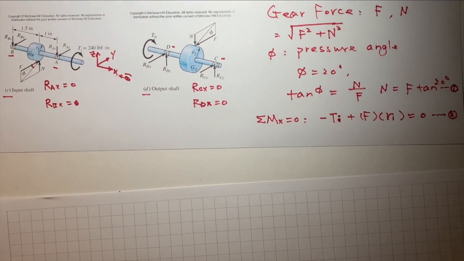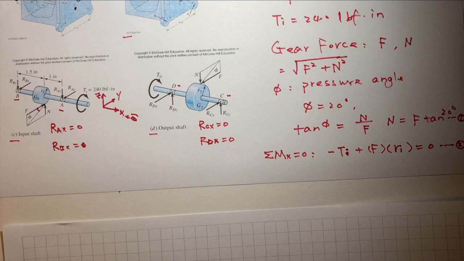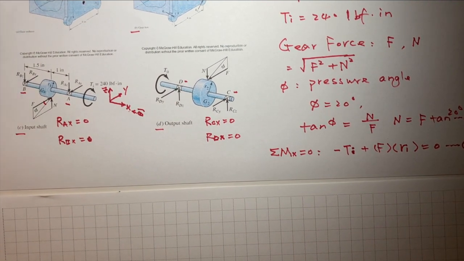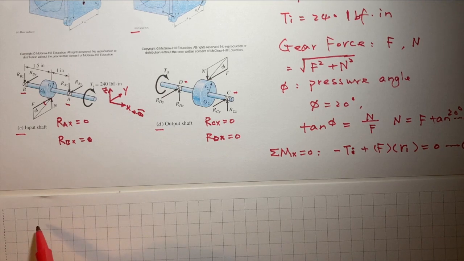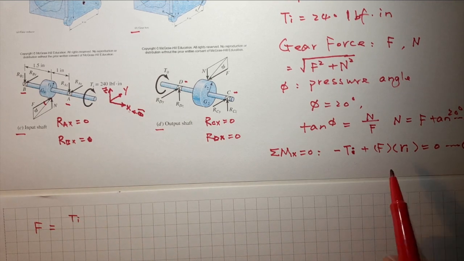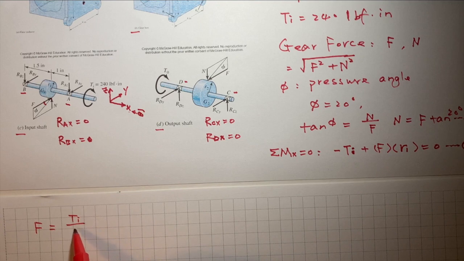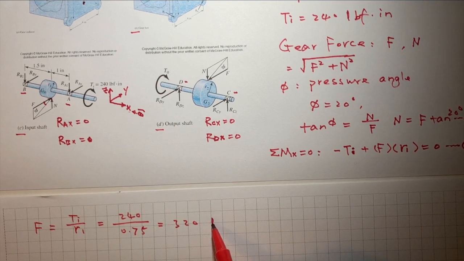Based on these two equations, we can solve for F and N. F equals Ti over R1, which equals 240 over the input shaft radius of 0.75, so F equals 320 pounds force.